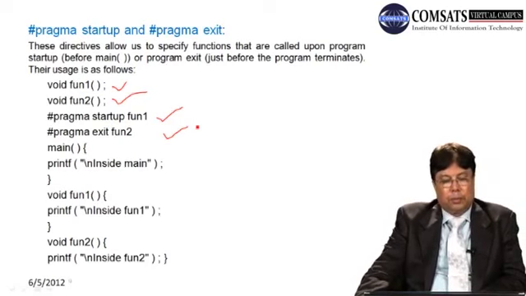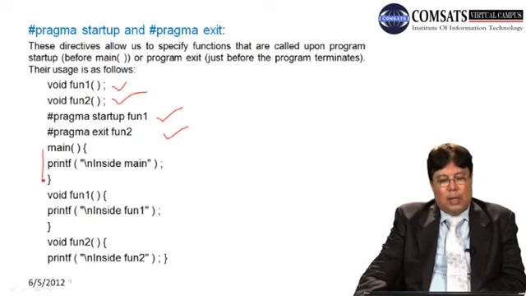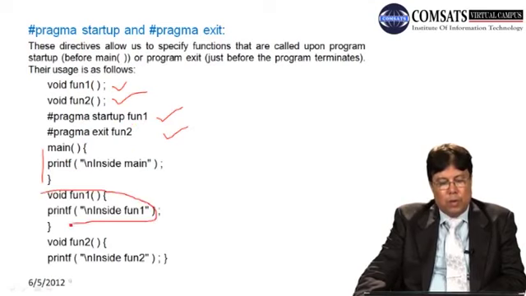Okay, so what will happen? This is your main program. At the time of startup, when the control is transferred to main, you said that at startup time it should execute fun1, which means this function should be executed first. Then it executes main, and at the time of exit you should execute fun2, so this part is executed here.